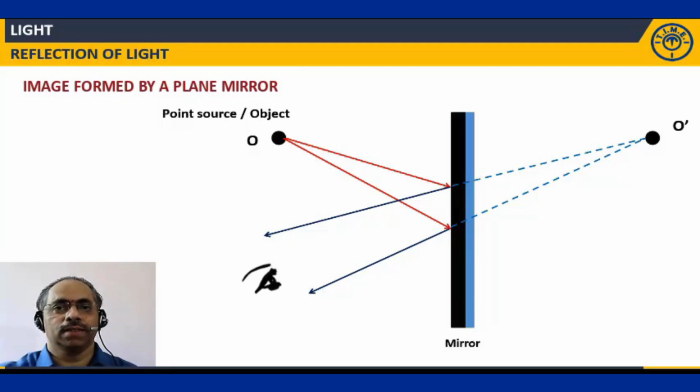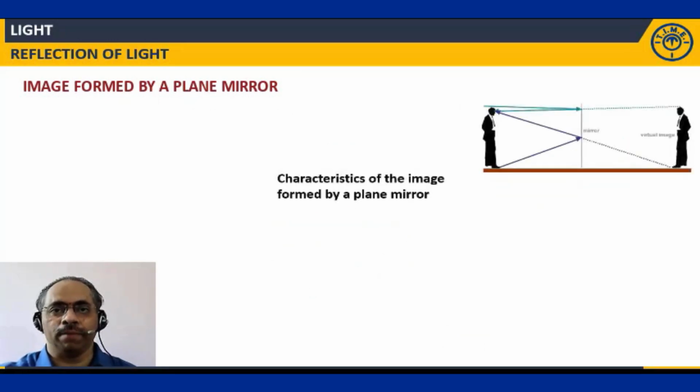With this knowledge, we'll try to know the characteristics of the image formed by plane mirrors. Here I'm showing a person looking into a mirror, and in the mirror he is observing his image. What is happening here?